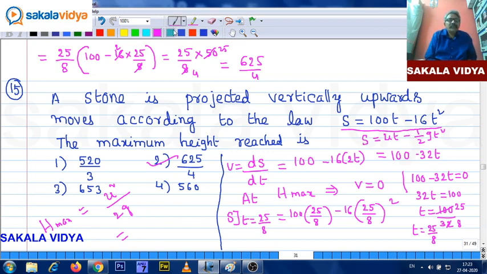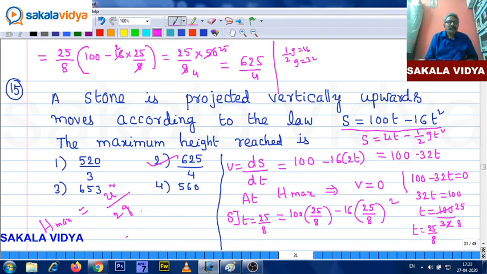U means 100, so 100 into 100 by 2g. Here half g is equal to 16, g equal to 32.